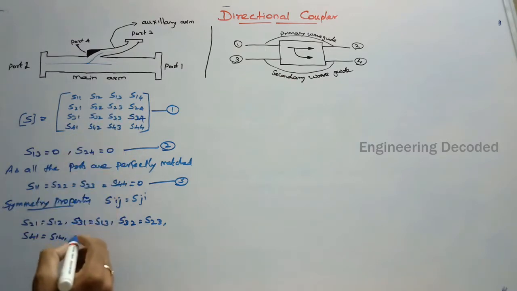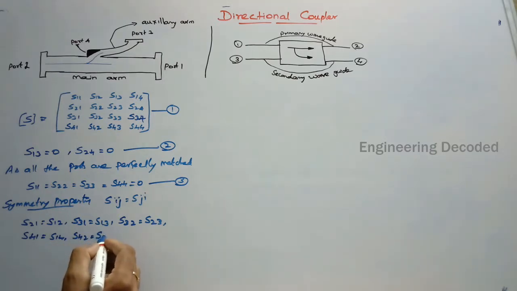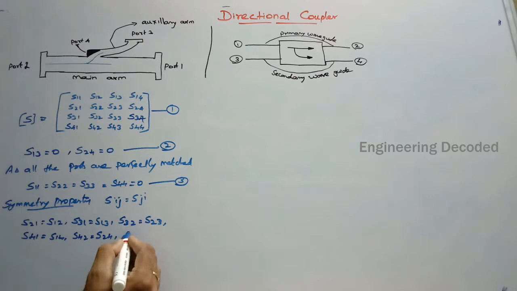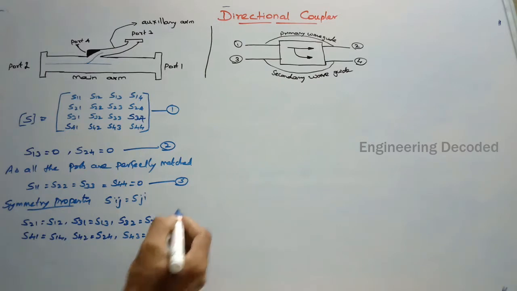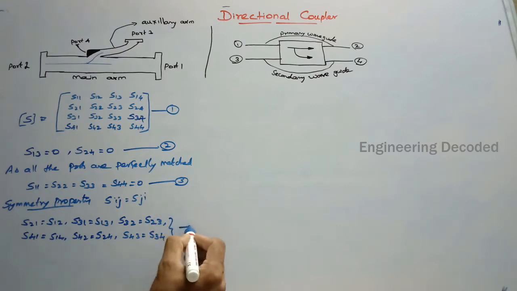Then S42 is nothing but S24. Then S43 is nothing but S34. So we can mark this one as equation number 4.